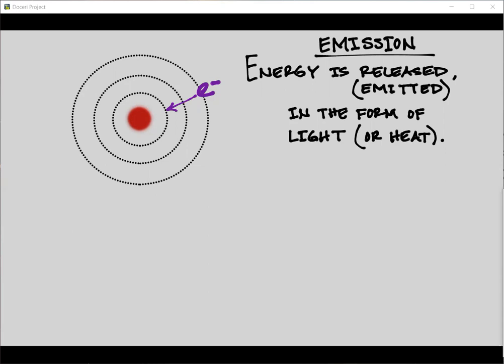It depends on where the electron transitioned from and to. If the energy is high, then most likely it's going to be in the form of light. But if the energy is low, most likely it's going to be in the form of heat.